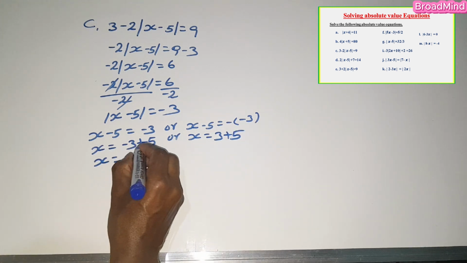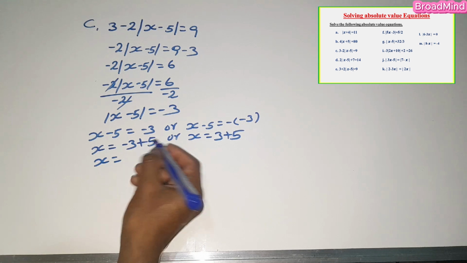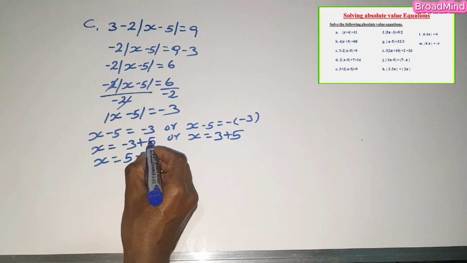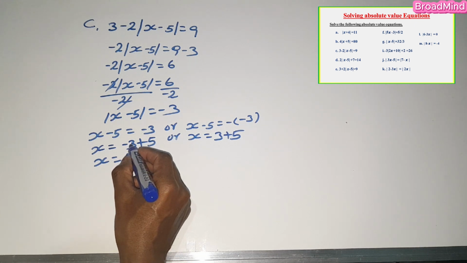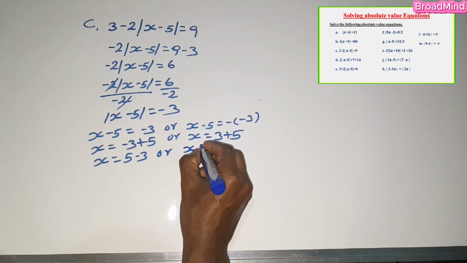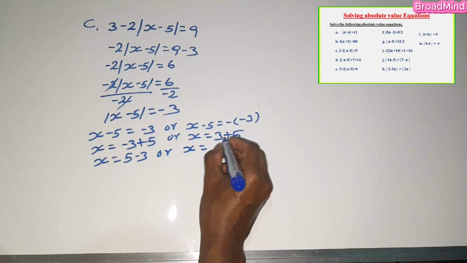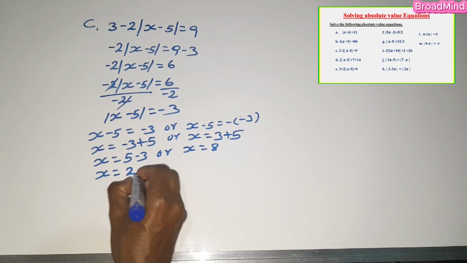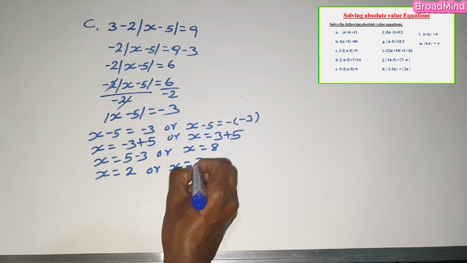In this case you can write it like this, 5 minus 3, 5 is positive, 3 is negative, or x is equal to 8. Now x is equal to 2, or x is equal to 8.